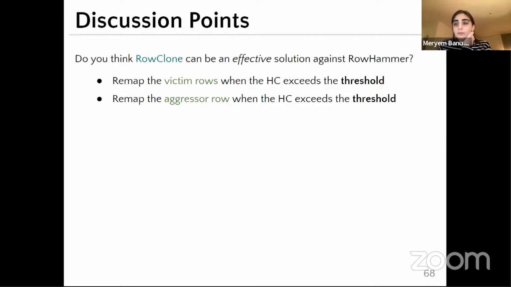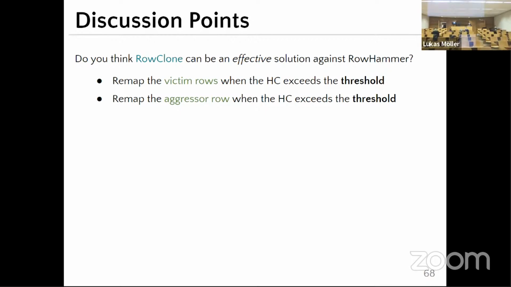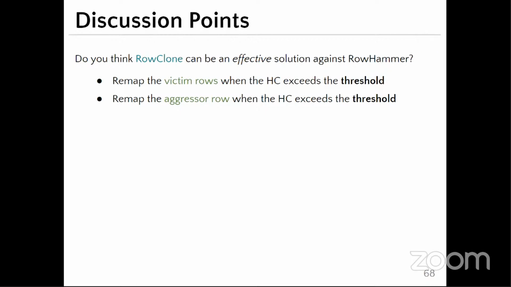Sorry, actually I was, yeah. What about, oh, sorry, go ahead, Philip. You asked for a different solution than to refresh the victim rows. Well, that kind of turns into my paper that I'm presenting next.